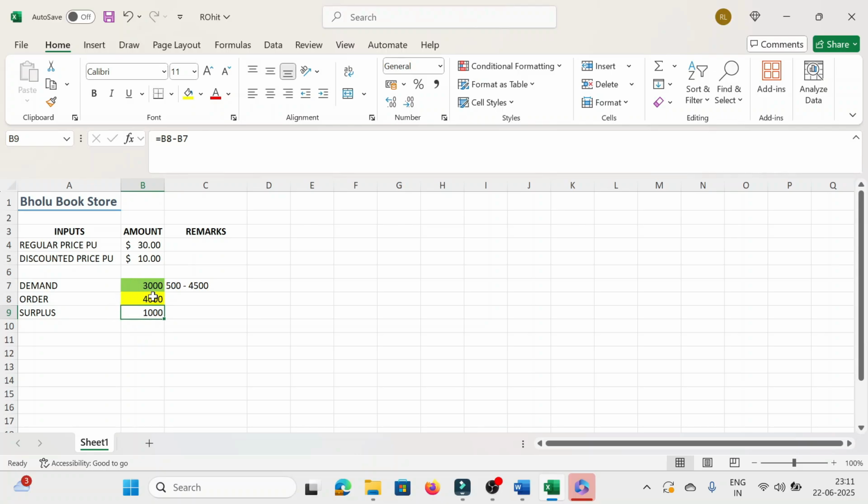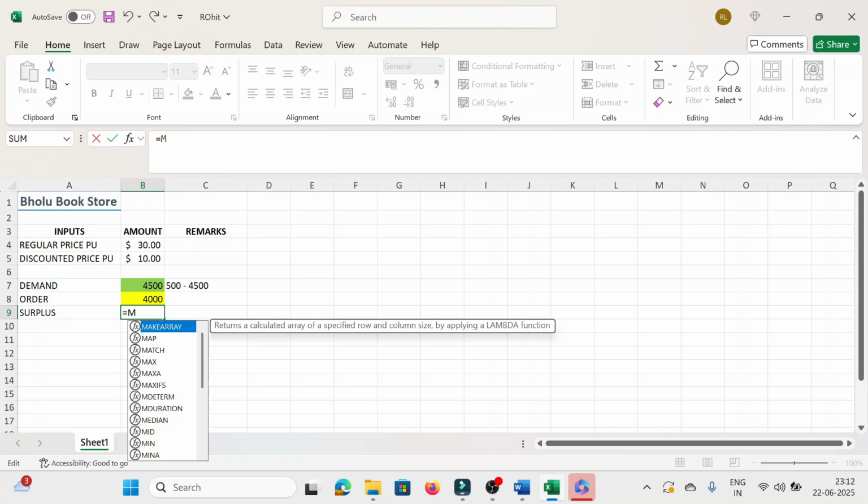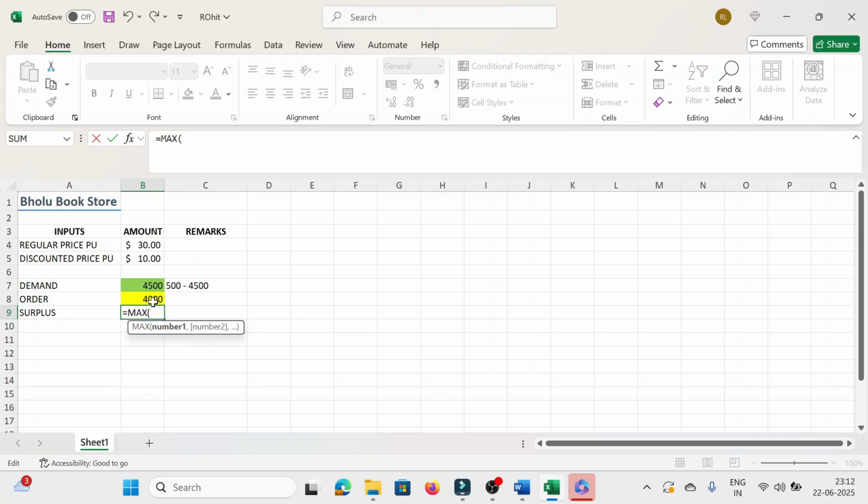But here there is a catch. What is that catch? If demand is more than ordered copies, then you will have a negative surplus that cannot be calculated. That's why I am adding a formula. The formula is MAX of this minus this, or 0.